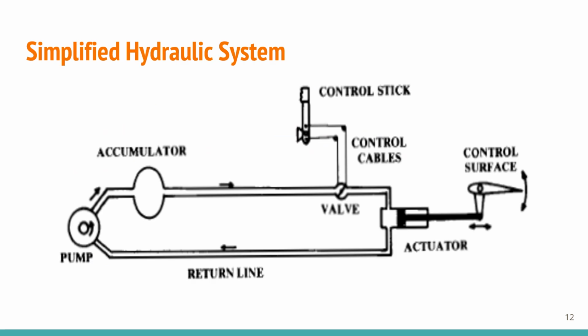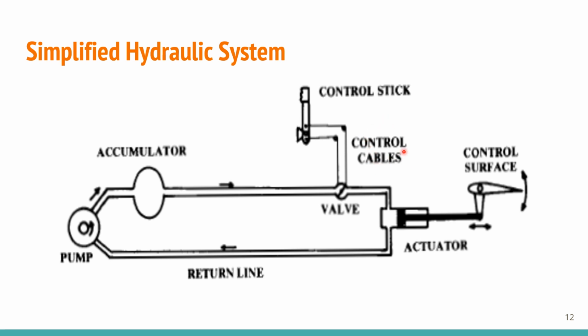This is the simplified hydraulic system which is used to extend and retract the landing gear of an aircraft. The oil pump generates a fluid flow which is accumulated in the accumulator, which is meant to open the valve by the control sticks.